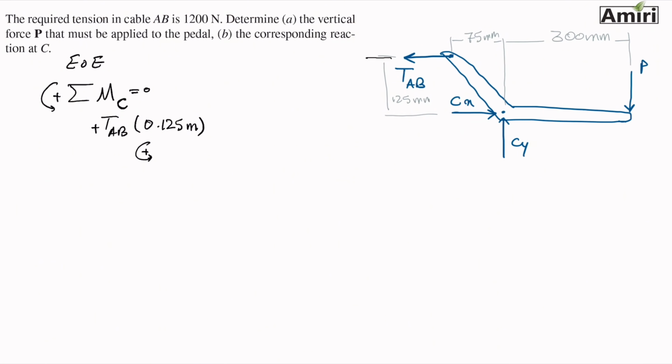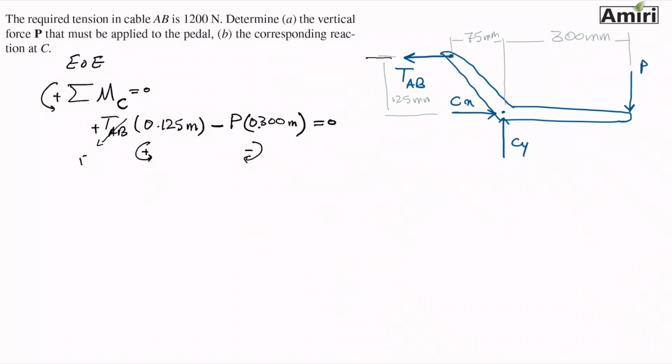Next, I have Cx, Cy. They both pass through point C, so they don't create a moment. Next, I have P, and the perpendicular distance between point C and the line of action of P is 300 mm, or 0.3 meters. This is trying to go this way. That's against my sign, so that's negative. This equals 0.